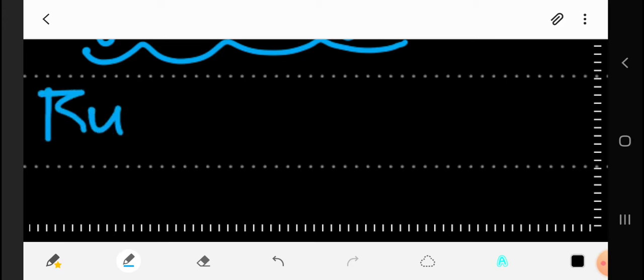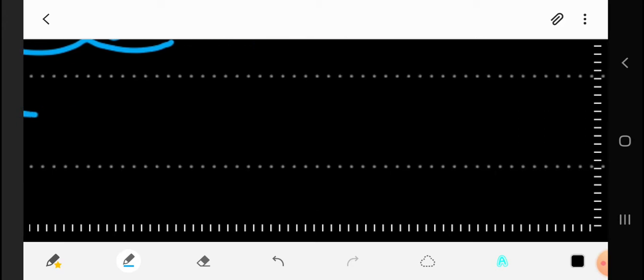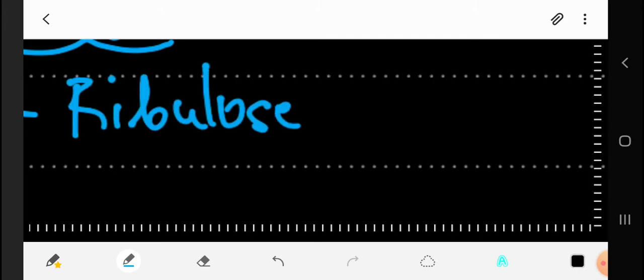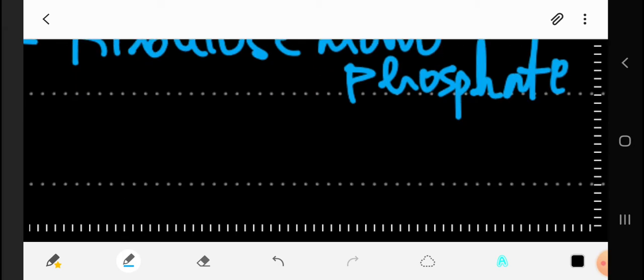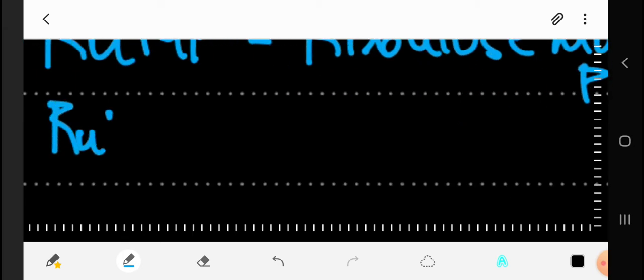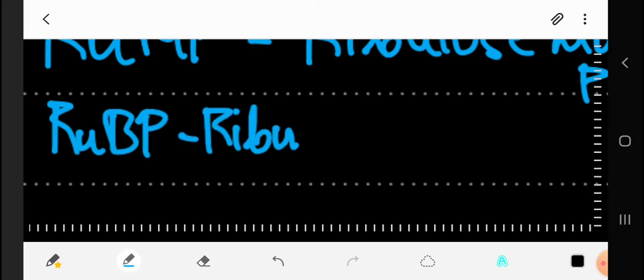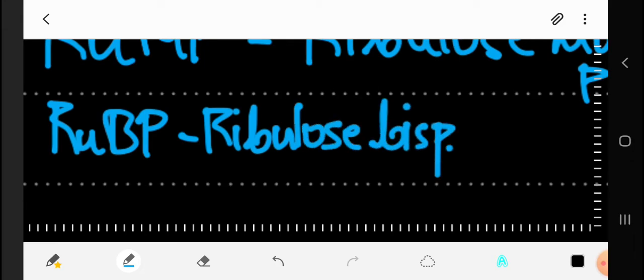So first is RUMP, which stands for ribulose monophosphate. Then the second is RUBP, which stands for ribulose bisphosphate.